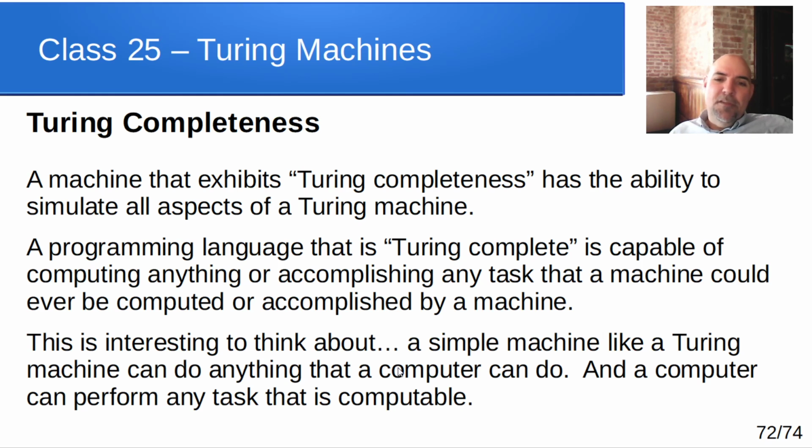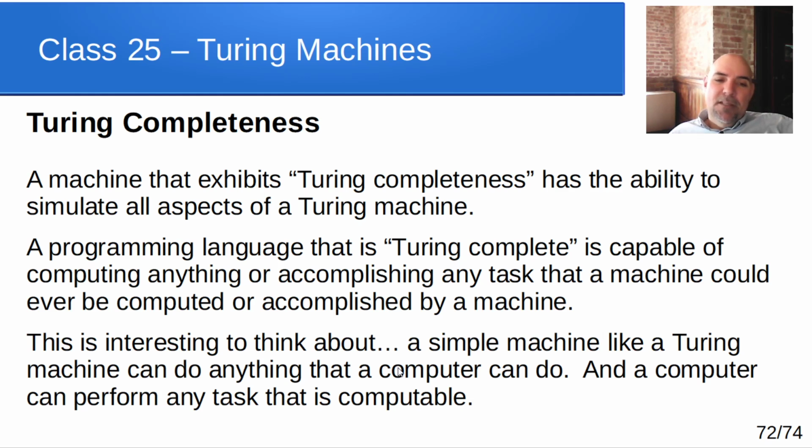But in other words, if a programming language is Turing complete, it can compute anything that a computer could ever compute. Most programming languages are Turing complete, like Python, C, C++, Java. Some languages, however, might not be, things like PostScript, and actually PostScript might be, or HTML. There are some things like that that are considered programming languages, but they're not Turing complete.